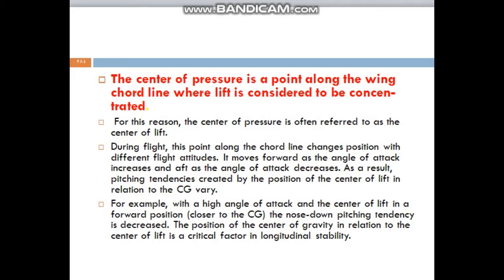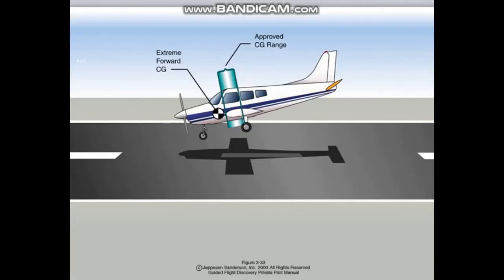The position of the center of gravity in relation to the center of lift is a critical factor in longitudinal stability. As we see here in this figure, the center of gravity goes forward. That means the center of lift goes to the aft.